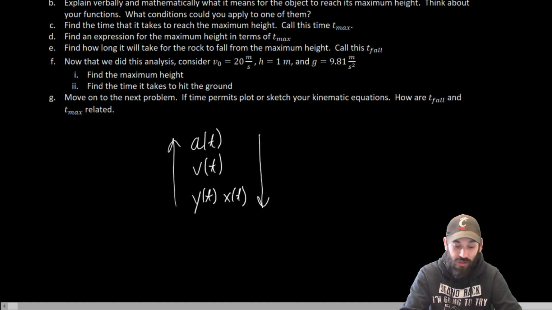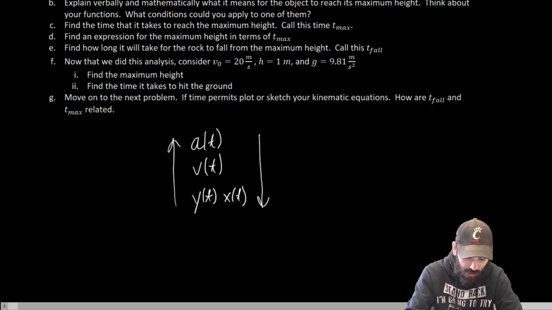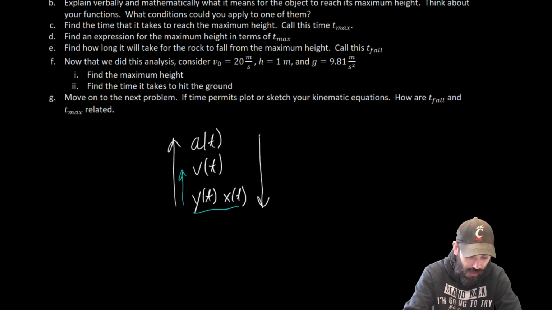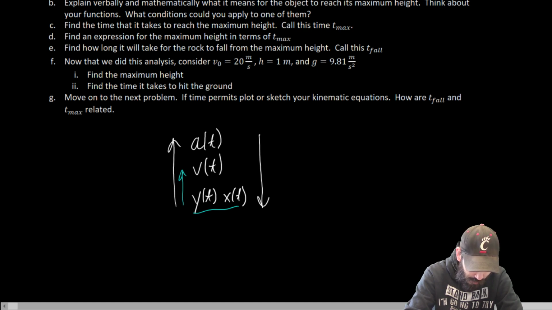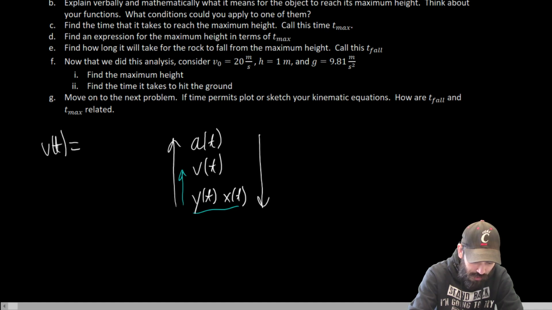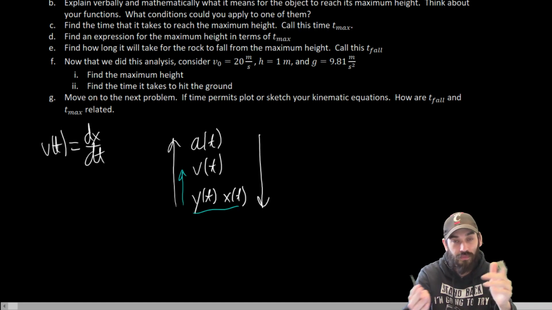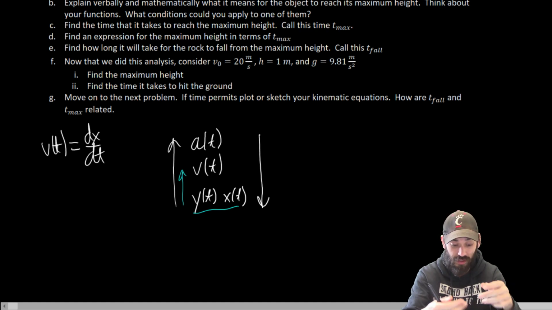That's to say, if I want to start at the bottom and work my way up one step here, I say that the velocity is related to the position via, I'm going to write it off to the side over here, v of t is equal to dx/dt, or dy/dt. Eventually, when we get into two-dimensional motion, we're going to have both of these. We're going to make these a vector.